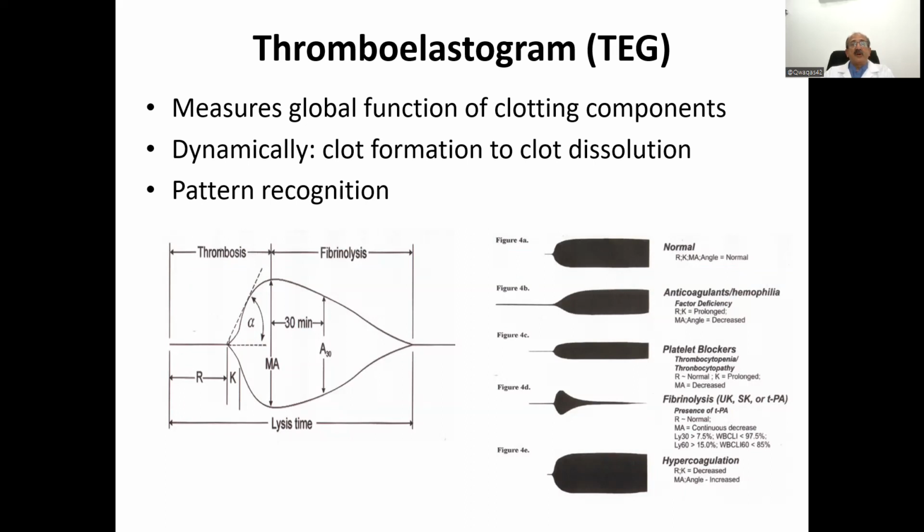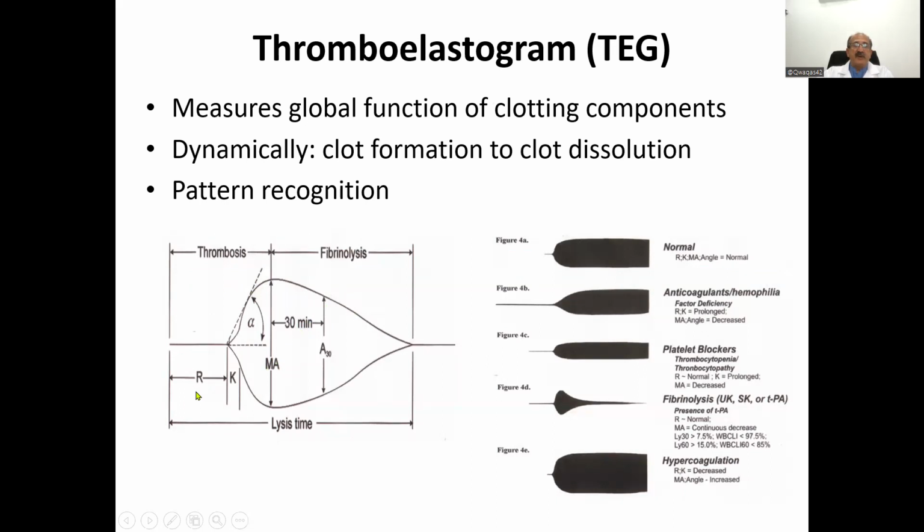Another good thing is thromboelastogram, although this is not available in our country or in our city. If you look at the thromboelastogram, this is the graph. There are different things in which we can see the thrombosis and the fibrinolysis.